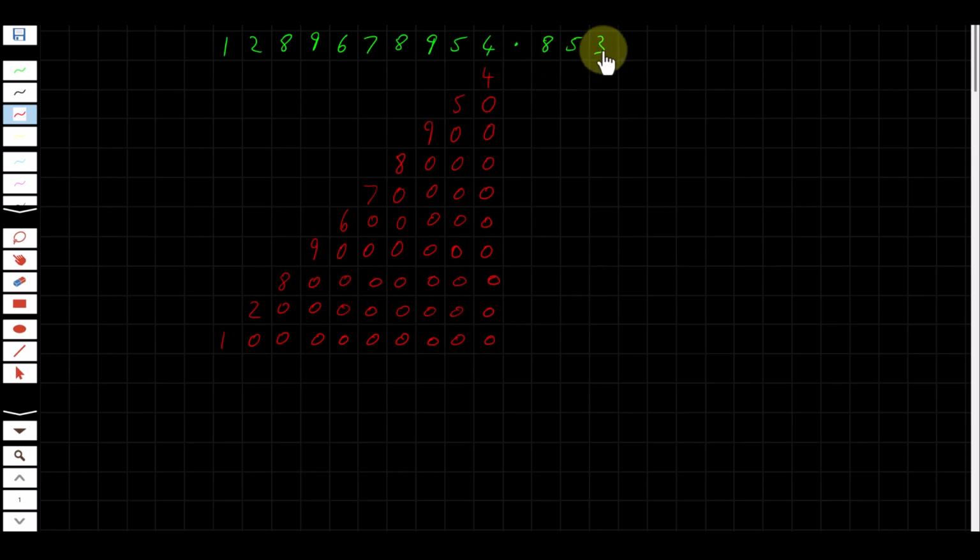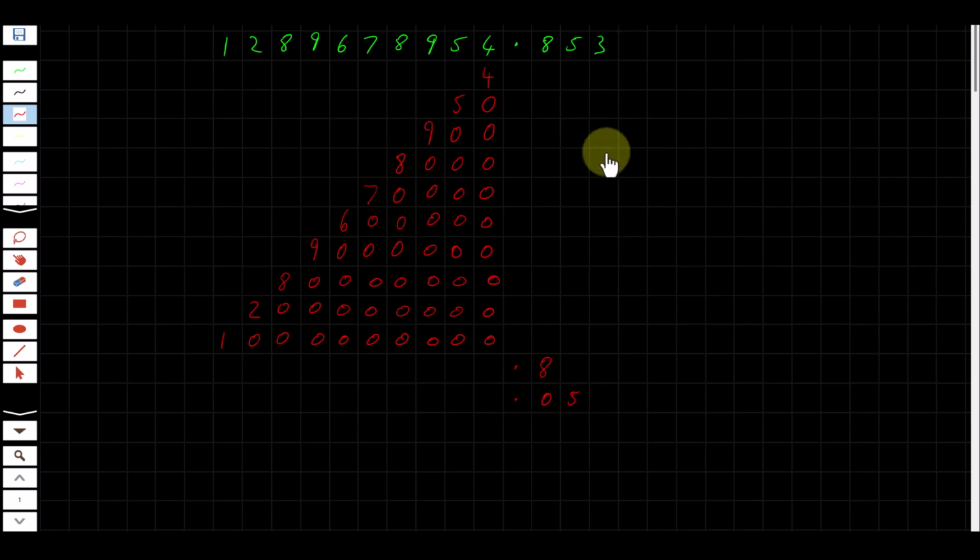Now for the fractional part of this number, we have the 8. This column here is the tenths column. There are 8 tenths, so we have 0.8. The next one is in the hundredths column. There are 5 of those, so there's 5 hundredths.